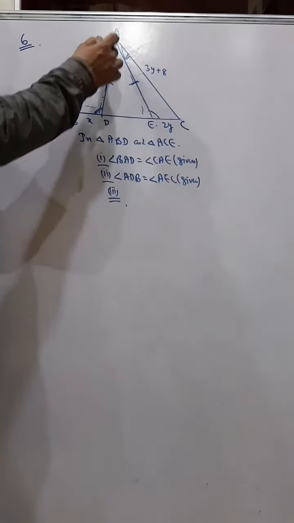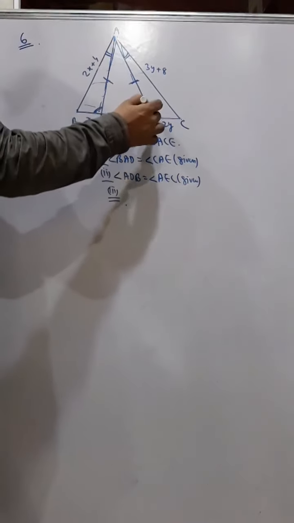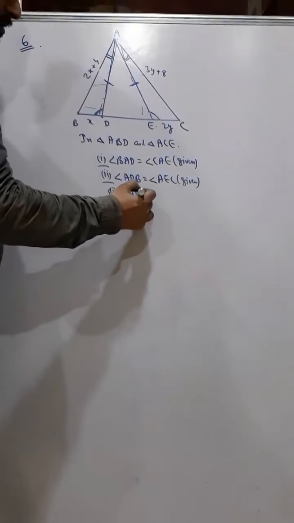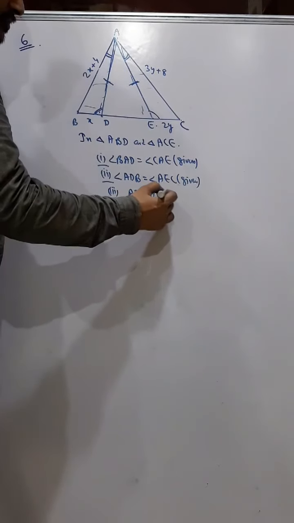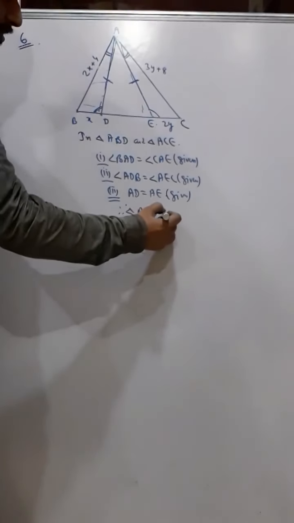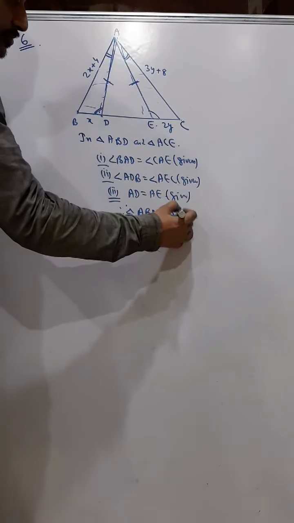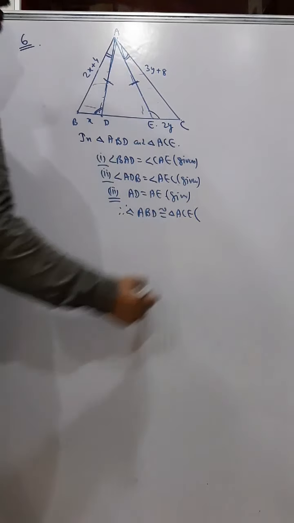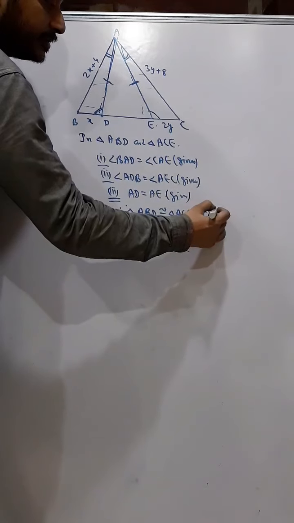And then we can say that AD is equal to AE. So this is also given. And now we can say therefore triangle ABD is congruent to triangle ACE, and the criteria is ASA, angle side angle.